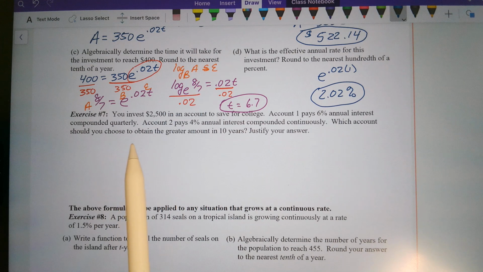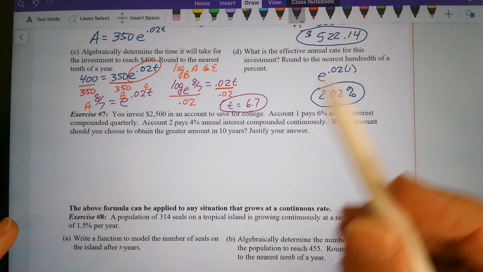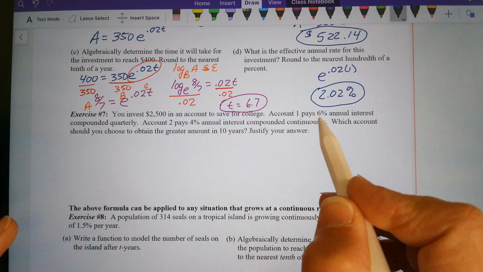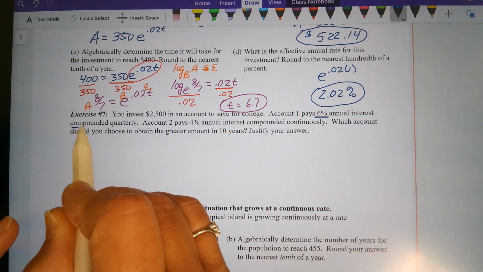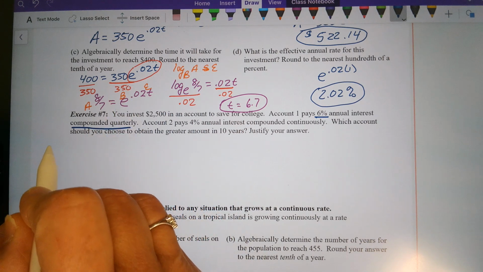All right, exercise 7, you invest $2,500 in an account to save for college. Account 1 pays 6% annual interest compounded quarterly, and account 2 pays, all right, so we have two different investments. We have one investment that pays 6% compounded quarterly, so let's say this is account 1.